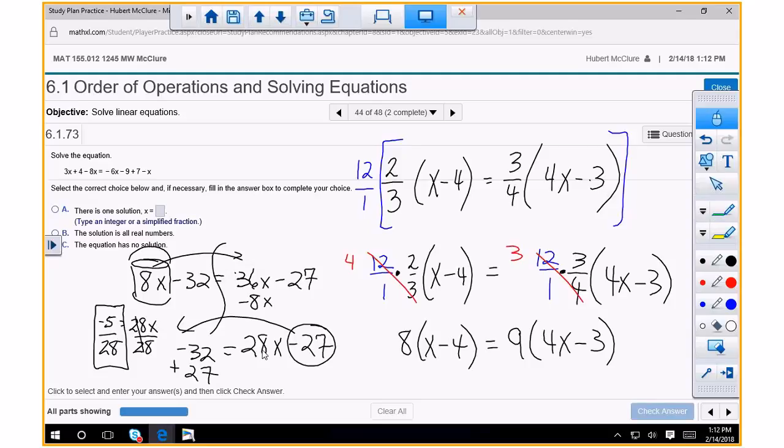I have never told students to put an X on the left-hand side. Never. So I don't know where they got that, and I guarantee you somebody had a teacher tell them to put it on the left-hand side, and that's just a bunch of crap. All it does is make it more confusing for students.